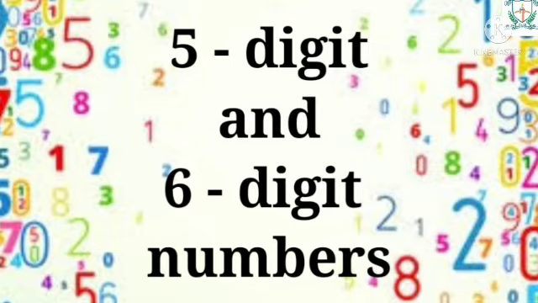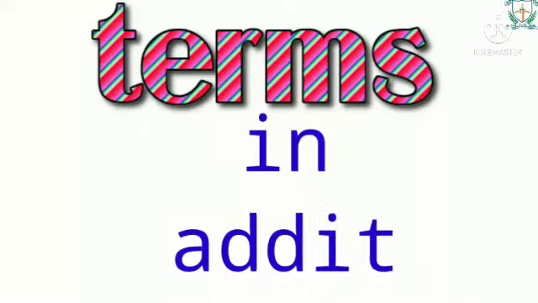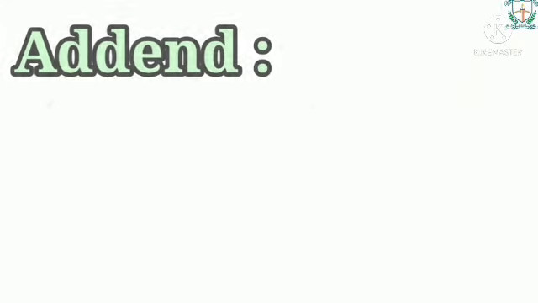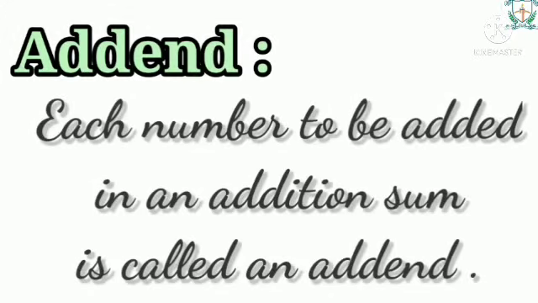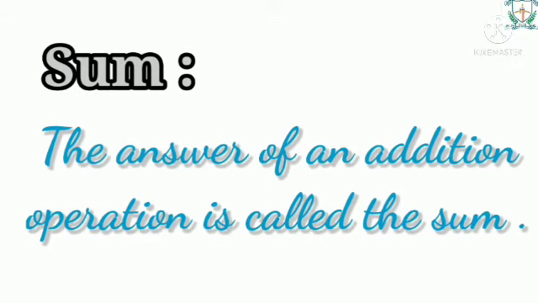First, let us understand the terms in addition. Addend. Each number to be added in an addition sum is called an addend. Sum. The answer of an addition operation is called the sum.